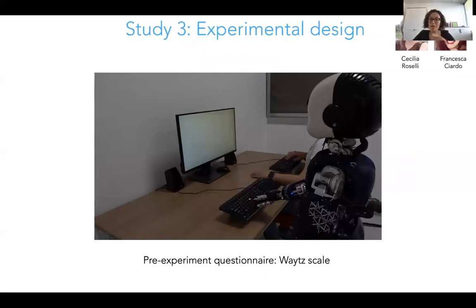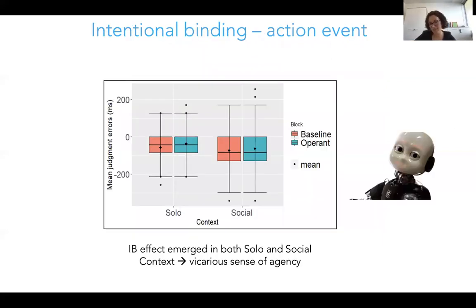Now, we also have done this with the iCub robot, and in this case, there is a vicarious intentional binding effect always observed. So it's super easy to actually see this effect with the humanoid robot. And it's very interesting because the moment you have a humanoid shape, then you observe the vicarious sense of agency.